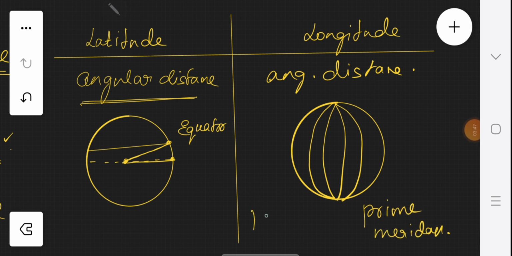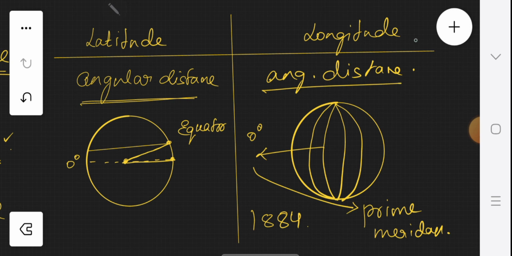It was taken as a reference in 1884, because for the equator we take it as 0 degree, but in longitude we do not have any reference point. So they mark the Prime Meridian as 0 degree for reference. That is what you are taking when you are calculating the angular distance of a longitude.